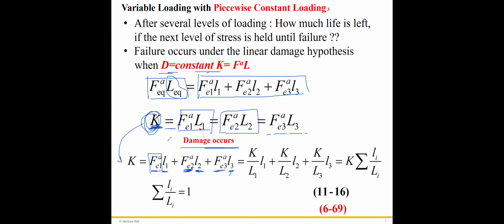In this case, we just rearrange the capital L to the left as the denominator, so we got K over L1. Similarly, we got K over L2, and therefore Fe3 to the power of a equals K over L3.